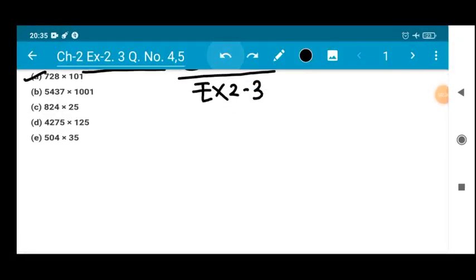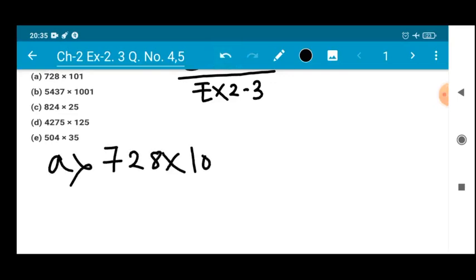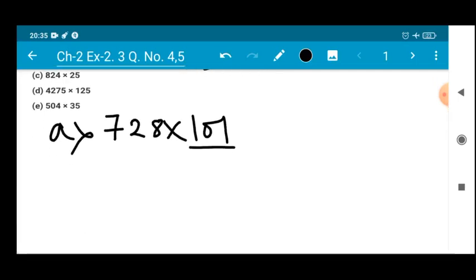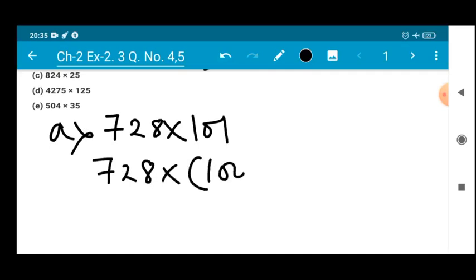First of all we will be doing question number A, 728 into 101. We have already done this type of sums previously also. 101 I'm going to break in the form of 100 plus 1, which makes 101.